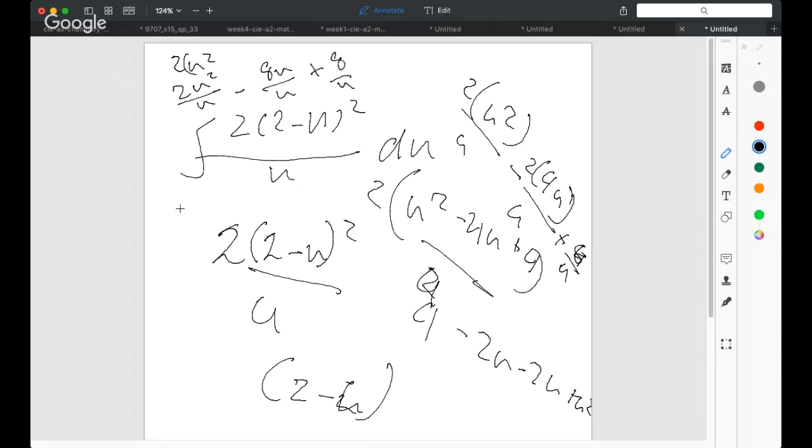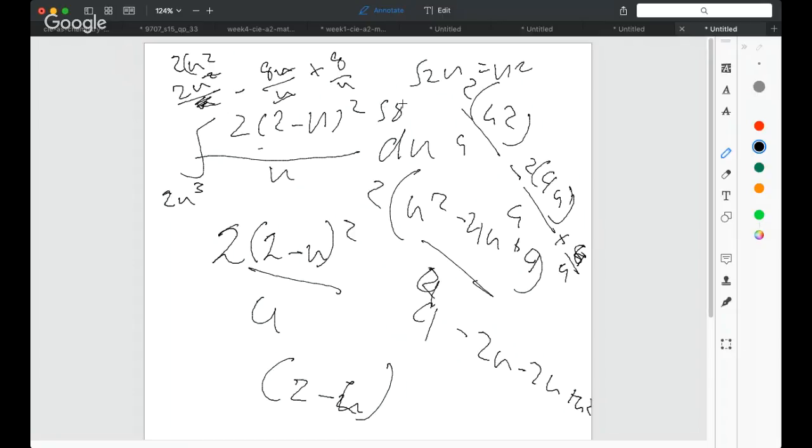So the first term, you cancel it out, so you integrate u, which is just u squared over 2. The second term is 4.